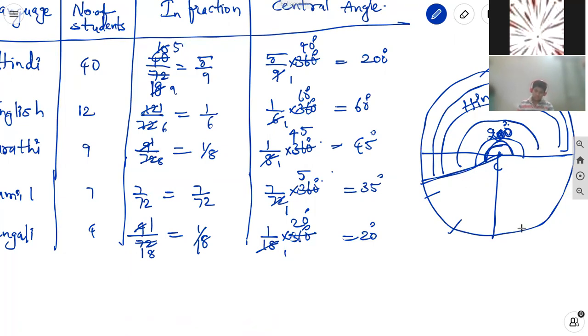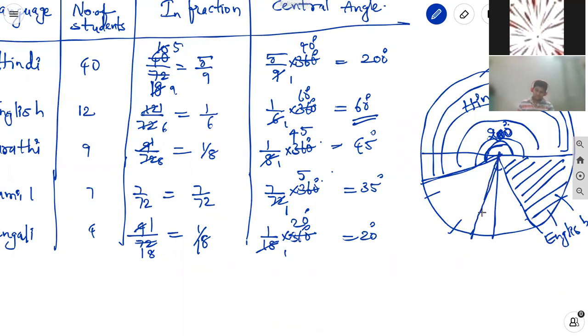Next, we are taking here 30. So 30, it's a 30. 60 degrees is English. This is English, 60 degrees. Next, 45 degrees. 45 degrees means it's a 60, or it is 30, 30 plus this half. This is 45 degrees.